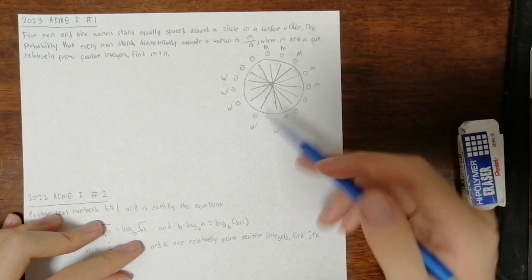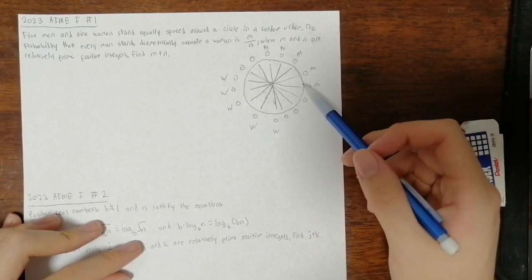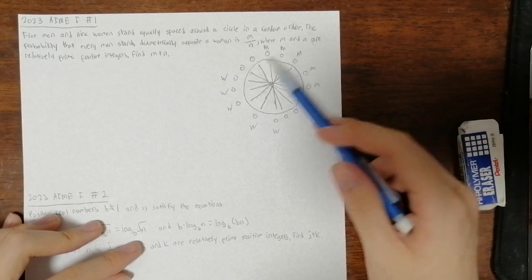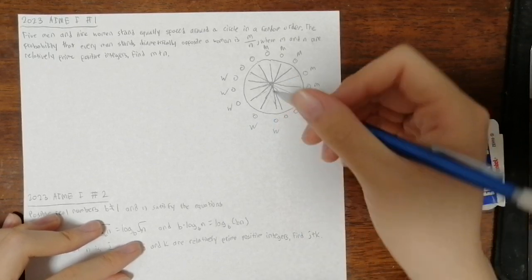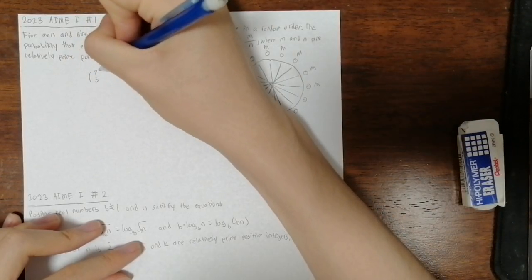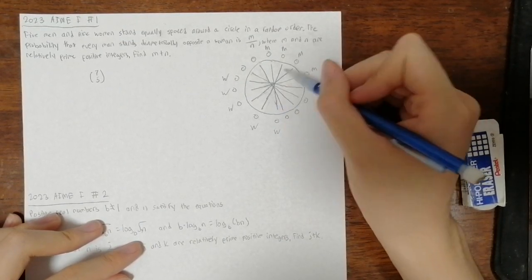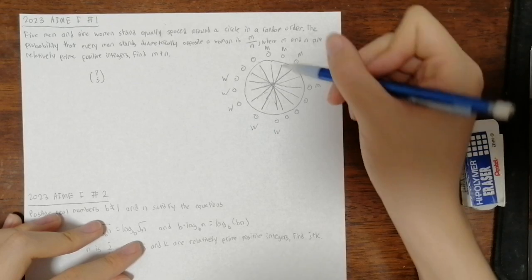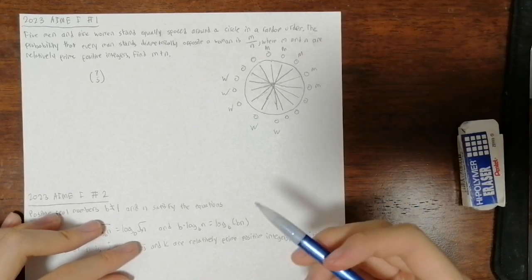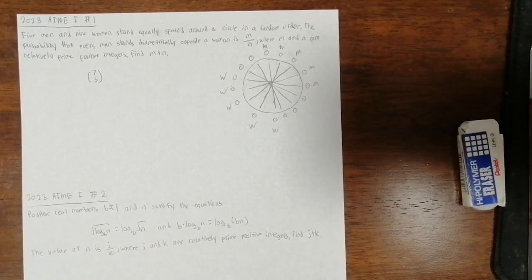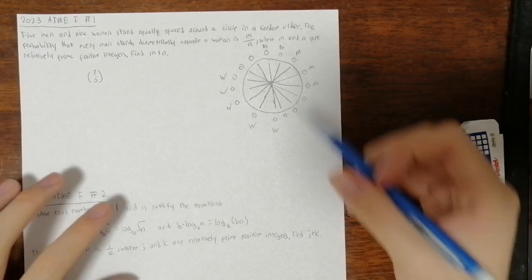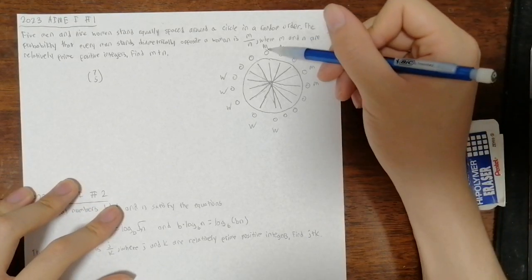So we can choose 5 of these 7 pairs in 7 choose 5 ways. And also notice that for each of these pairs, we can place the man and woman in 2 ways. For example, just look at this vertical one.